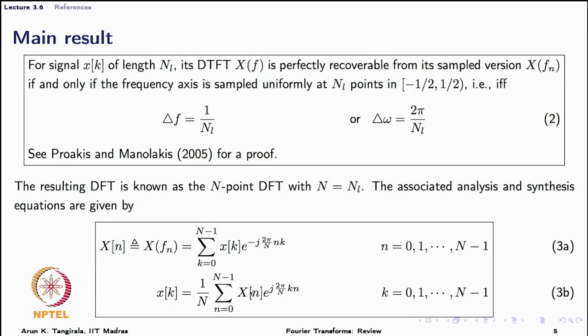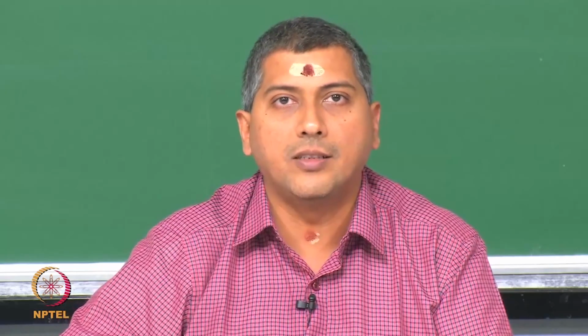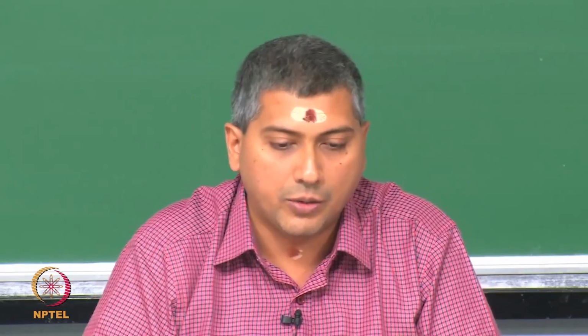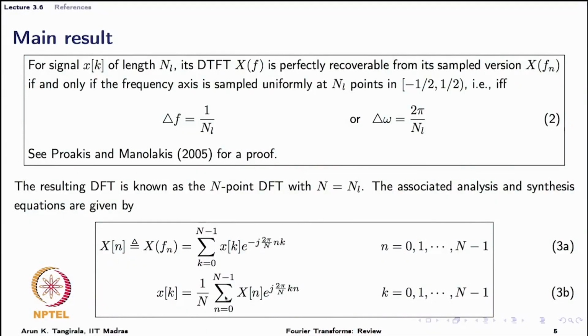Given at the bottom in 3b you have the synthesis equation. This is a reversal of what we have done until now. We had presented the analysis equation first and then the synthesis equation. Now we are presenting the synthesis equation first because we are really concerned with the practical situation. The synthesis equation allows me to recover the signal whenever I want.